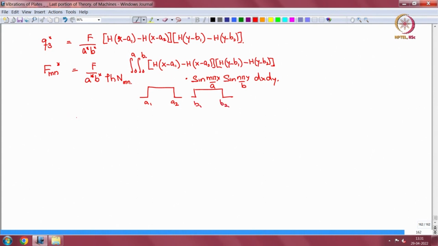Therefore this integral now becomes 4 by rho h a b, into F by A star B star, integral A1 to A2, integral B1 to B2.